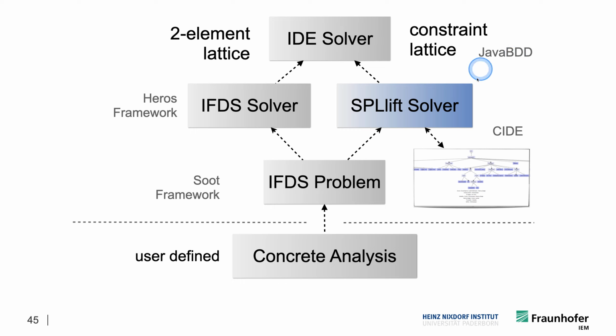And the product lines and the feature model we support in particular in our prototype SPL lift were actually derived using a certain feature IDE called CIDE, which allows you to actually define these software product lines, in this case for Java.